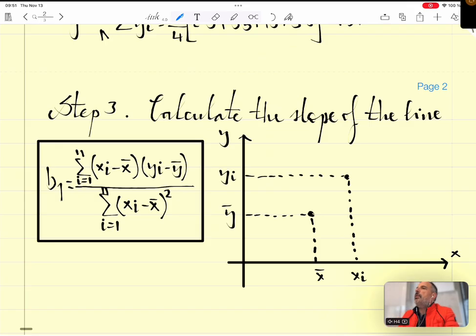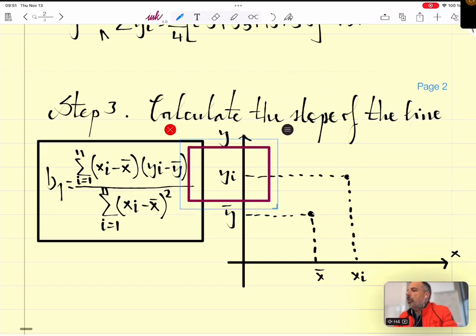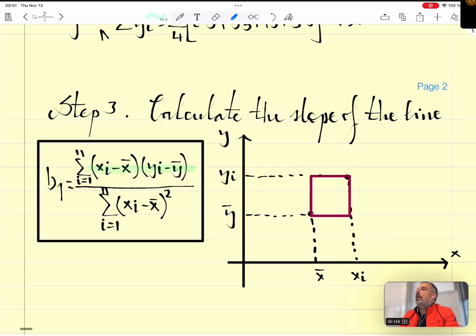Now please pay attention to the blackboard, because the meaning of this is the area of this square.